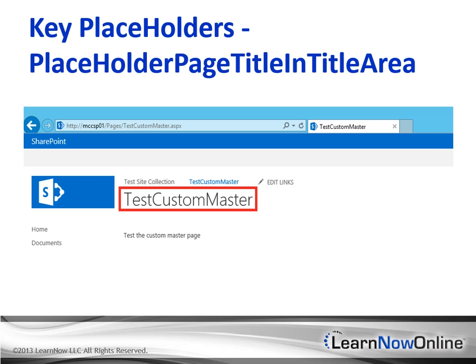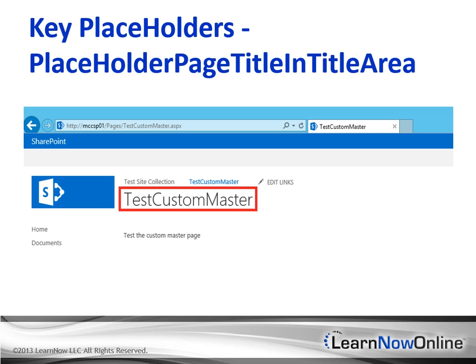Okay, now the next one is PlaceHolderPageTitleInTitleArea. The purpose of this is to allow a content page to display its title in the title area, just as PlaceHolderPageTitle allows a content page to display a title in the browser's title bar.